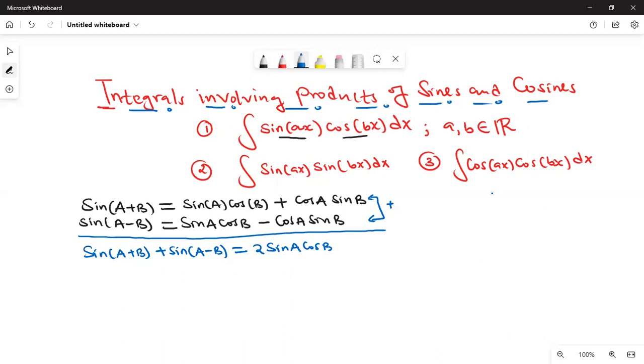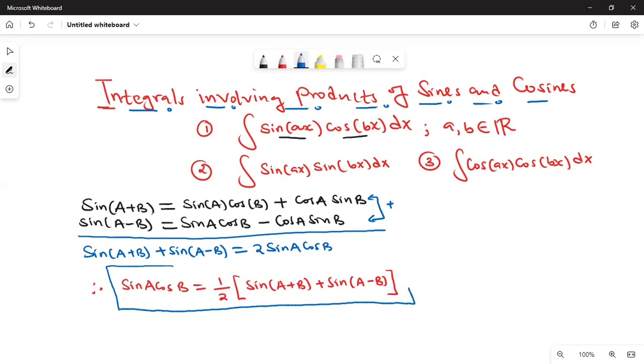So I want to make sine A cos B the subject, so you can say therefore sine A times cosine of B is the same as 1 over 2 times sine of A plus B plus sine of A minus B. So that's how to rewrite sine A times cos B. So we are going to use this identity.